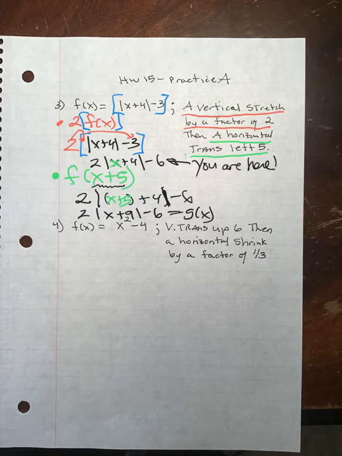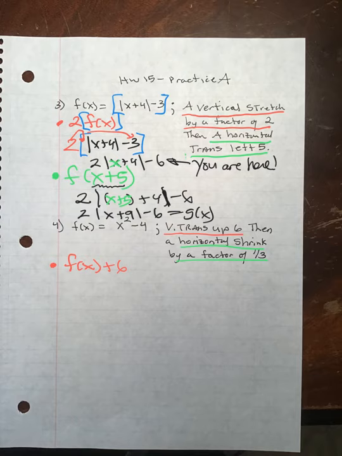Okay, number 4. Number 4, we're going to do a vertical translation up 6. Then we're going to do a horizontal shrink by a factor of 1/3. So we first have to make sure that we can write the function notation that matches each of those. So a vertical translation up 6 would be outside the function, right?